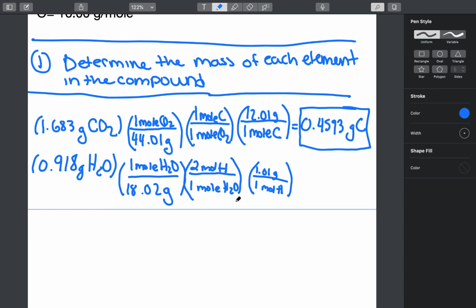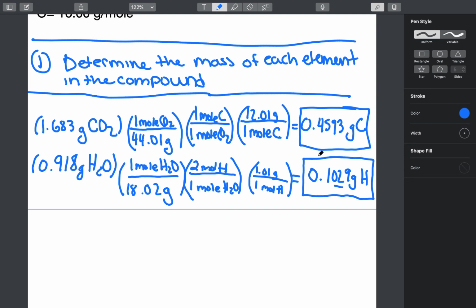So this allows you to find the amount of grams of hydrogen in the sample. In this case, you would get 0.1029 grams of hydrogen. Now, if you want to conserve the number of sig figs, in this case 3, just put a little underline under the 2. Keep that 9 there so you don't get rounding errors later on.